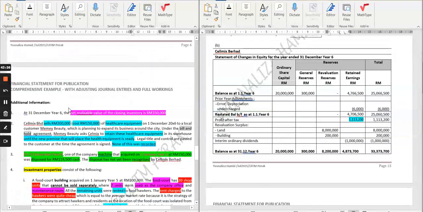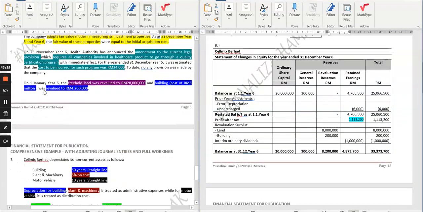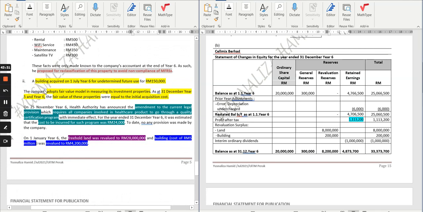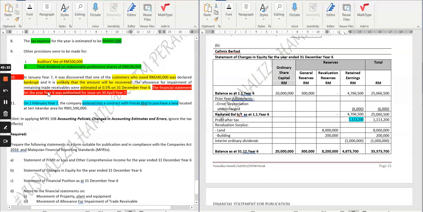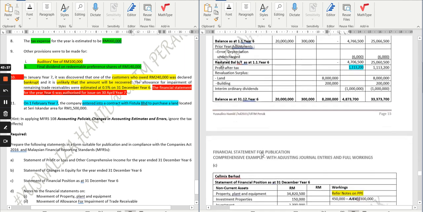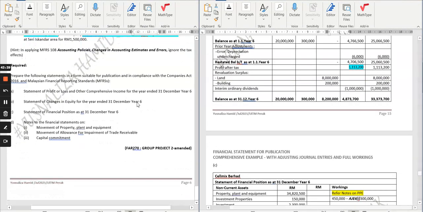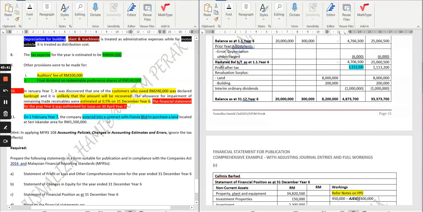The last few items here is item number 11. This is no adjustment for you to do. This is just a matter of capital commitment under MFRS 110 events after reporting period, because the transaction does not happen.